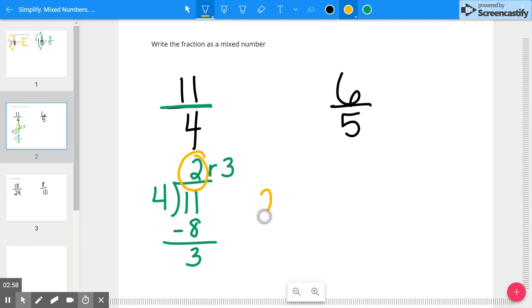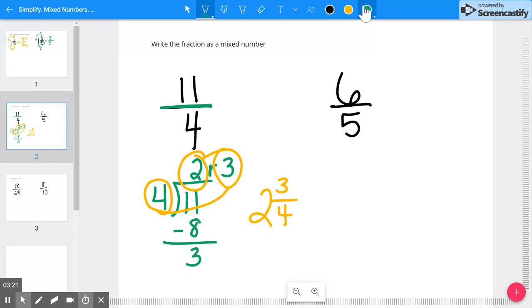Now, my numerator comes from the remainder, which is 3. I put my fraction line, and my denominator is going to stay the same as what my improper fraction was, which was my divisor, the 4. So it's kind of like I made a big circle with my answer. So my new mixed number is 2 3/4.